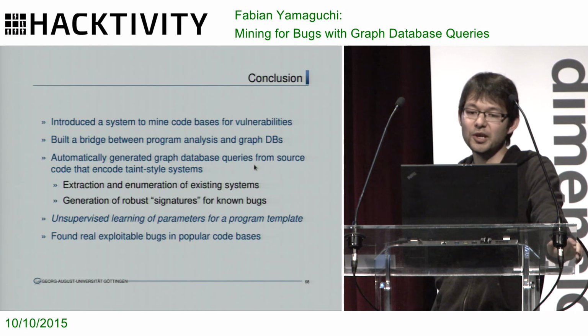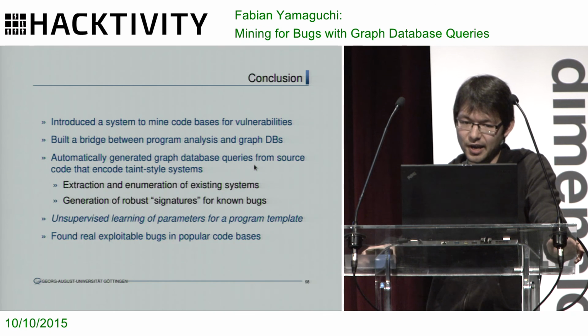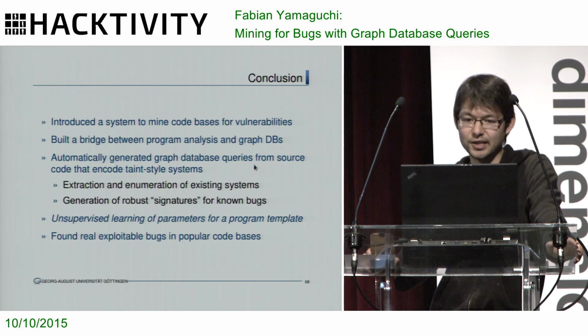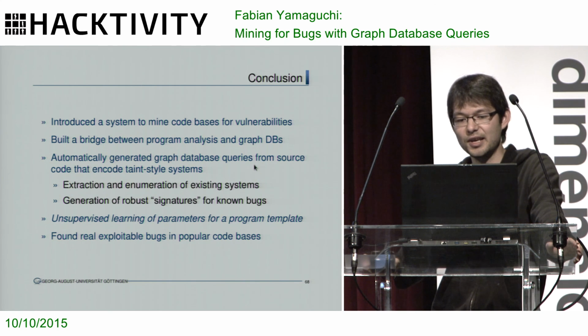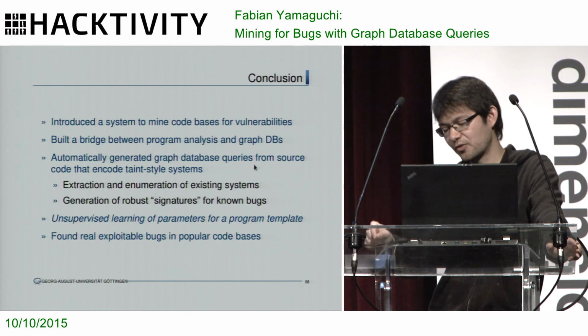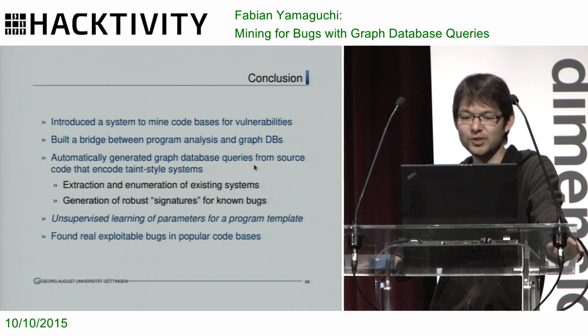All right, conclusion. I introduced the system to mine code bases for vulnerabilities, and it builds a bridge between program analysis and graph databases. You saw that you can not only specify these traversals, these search patterns, by yourself, but you can also get the system to enumerate what's there using learning techniques.